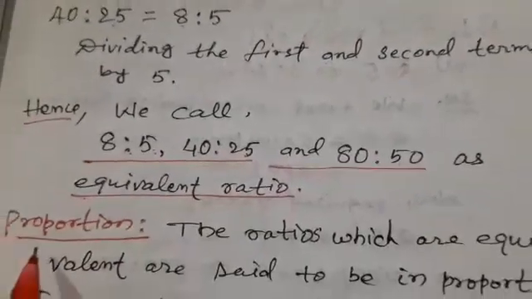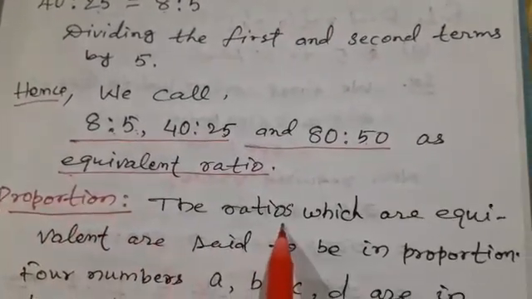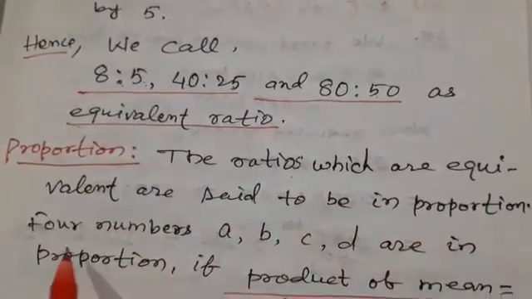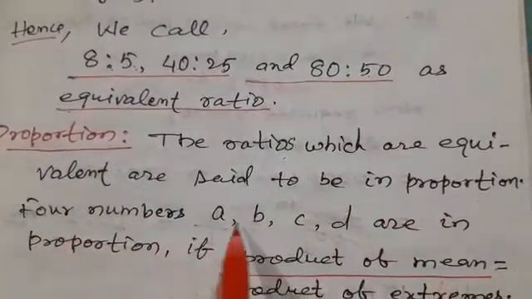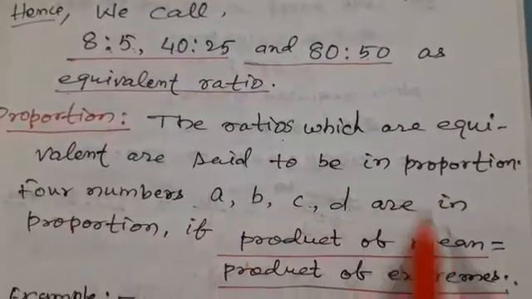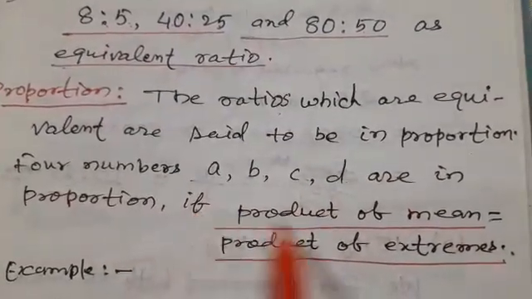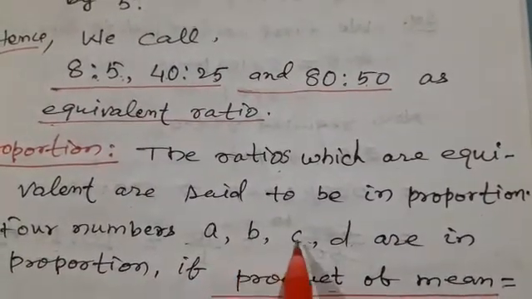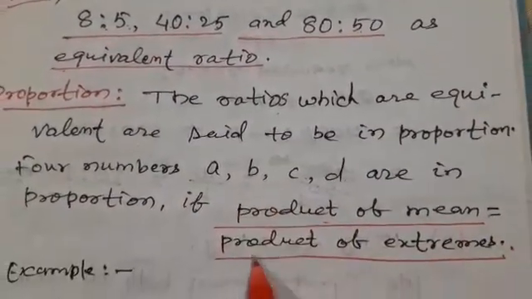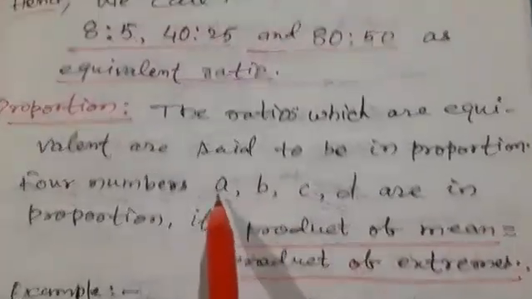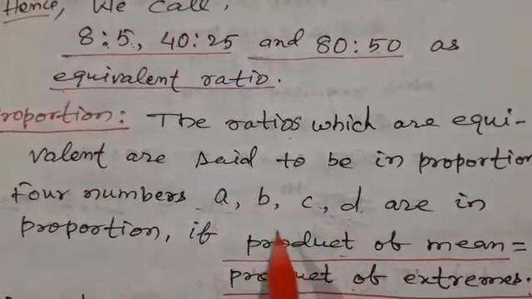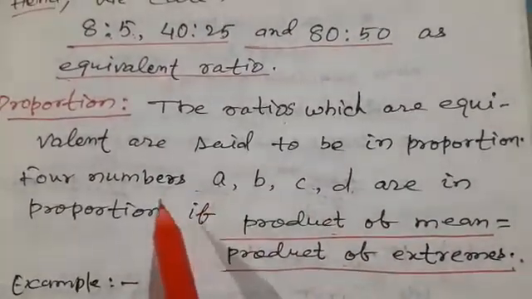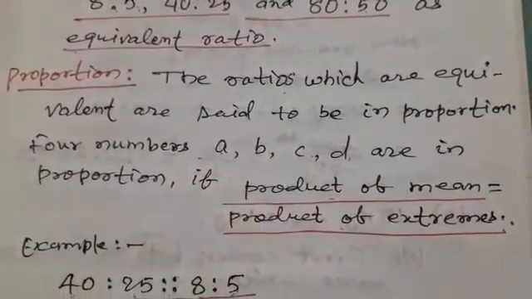Now we learn about proportion. The ratios which are equivalent are said to be in proportion. For example, four numbers A, B, C and D are in proportion if the product of the means, that is B and C, is equal to the product of the extremes, that is A and D. If this condition is fulfilled by these four numbers, then we can say that the numbers are in proportion.